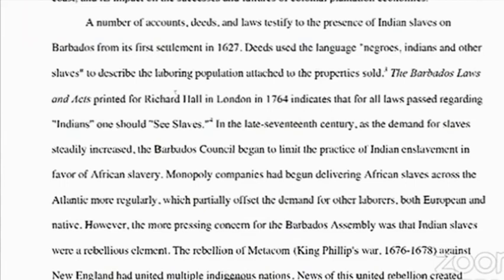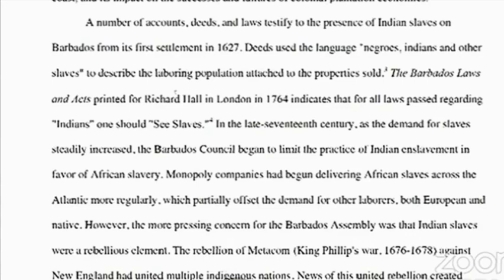As in the States, in the North, when they were classifying all your ancestors together and started making tags in these census records. And so these deeds on these islands as well had language like Negroes, Indians, and other slaves to describe the laboring population attached to the properties sold.